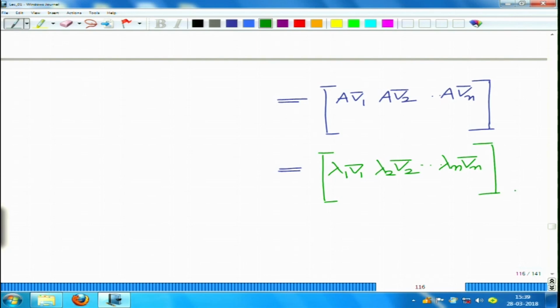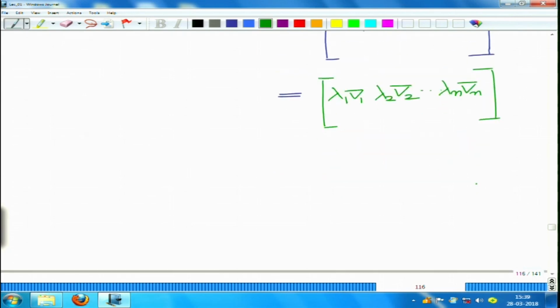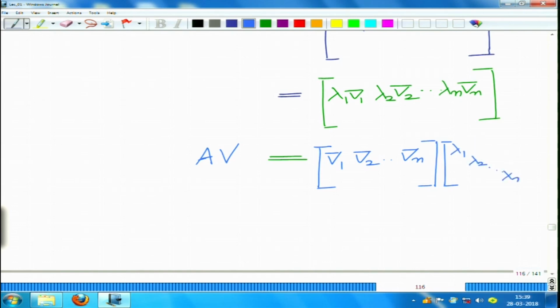These are the various columns which you can now write also as, remember we are looking at A times the matrix V. So, A times the matrix V equals, now you can write this as V1 bar, V2 bar, Vn bar times the diagonal matrix lambda 1, lambda 2, lambda n. This is a diagonal matrix.